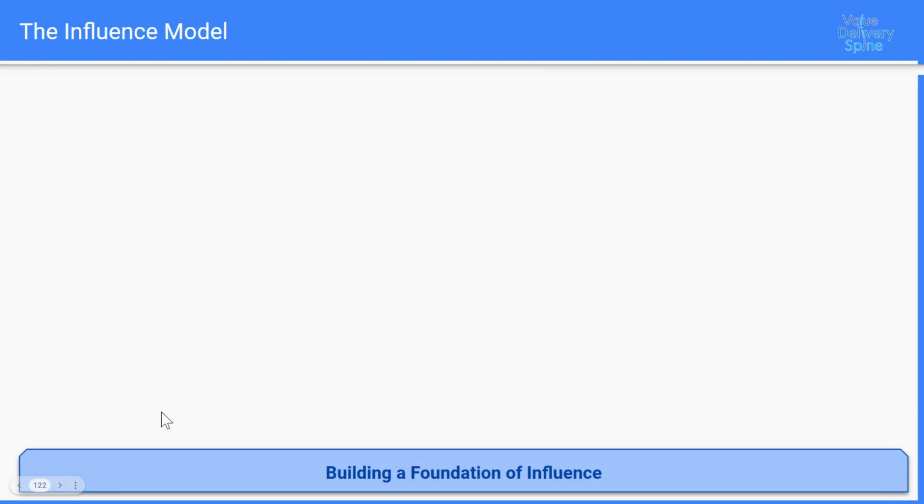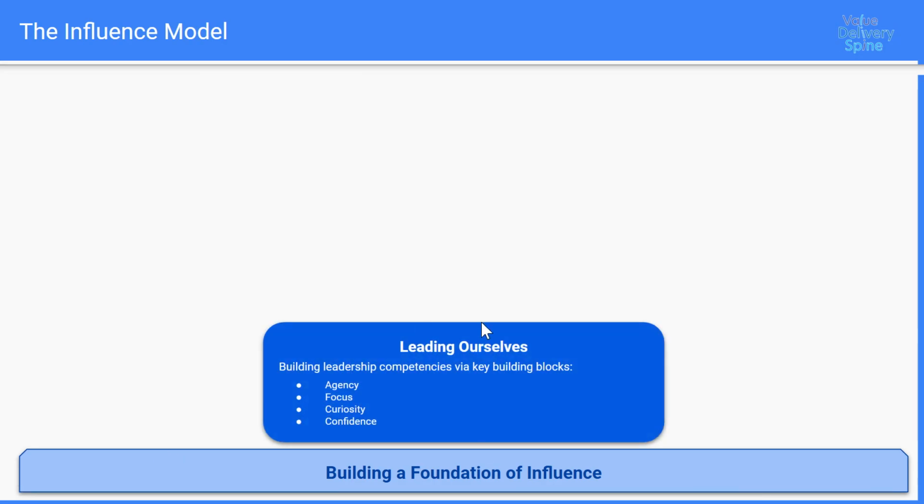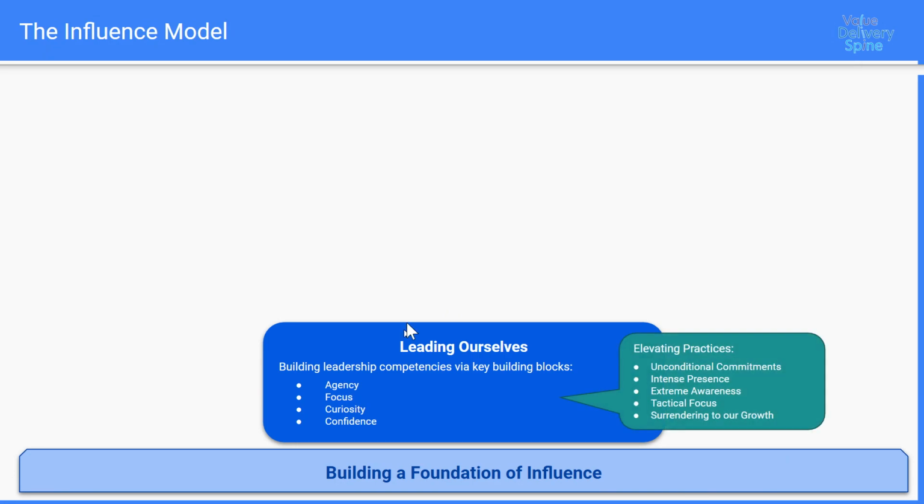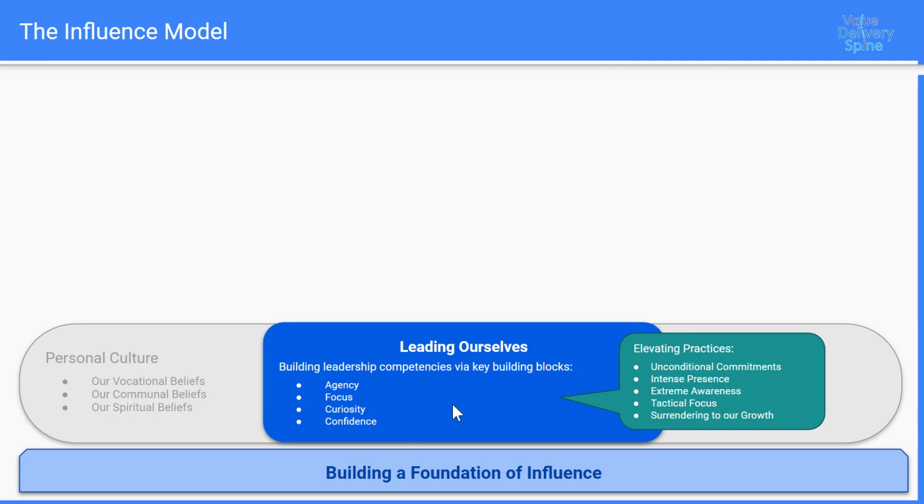And now we've built out an entire model for leadership, starting with the foundation of influence. We've looked at a number of ways to lead ourselves. We've looked at accelerating practices to really help you develop yourself and grow quickly as a leader.